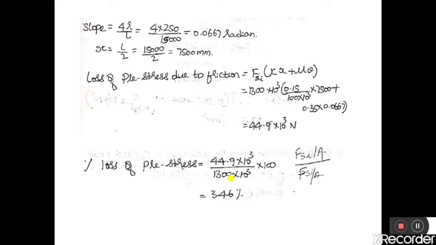Let us consider the initial prestressing force, 1300 into 10 to the power of 3 divided by A. That gives us the initial prestress. So here A and A will get cancelled, and the remaining term will be 44.9 into 10 to the power of 3 divided by 1300 into 10 to the power of 3 into 100. That gives us 3.46. So this is the percentage of loss of prestress due to friction.